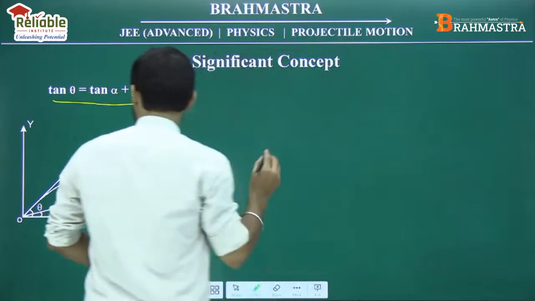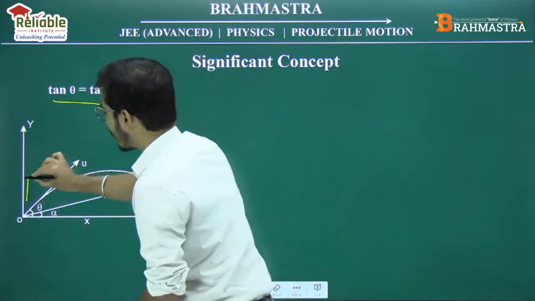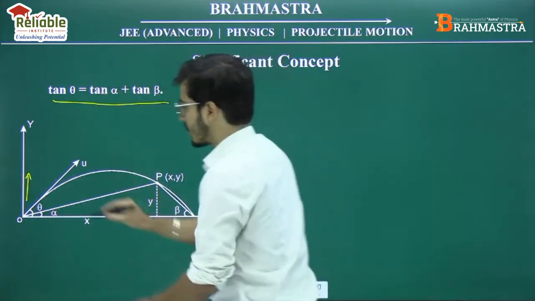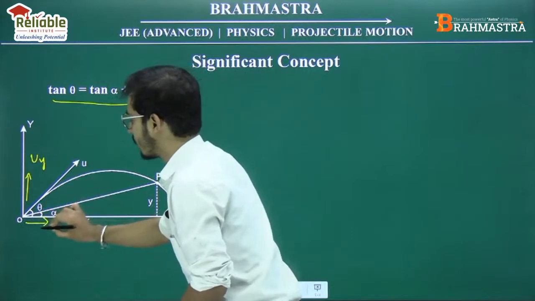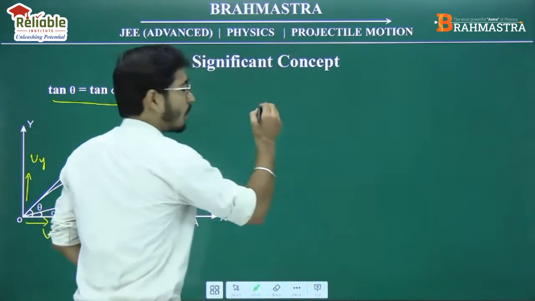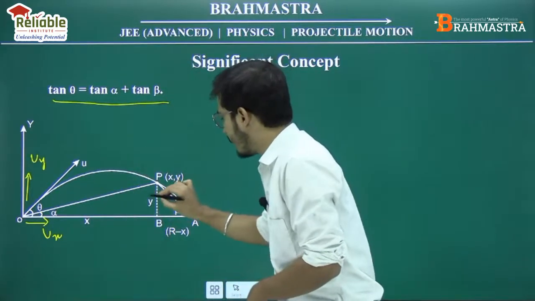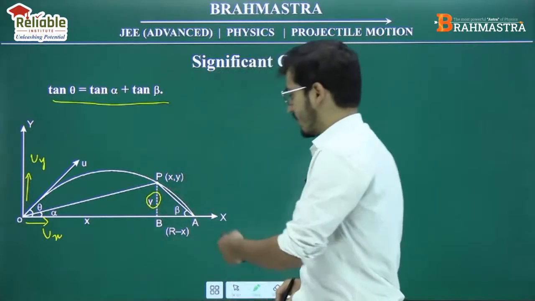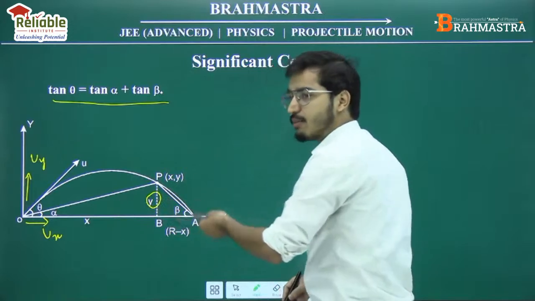Now please understand, if we look at the projectile in the y direction, we have an initial velocity uy, and there is a horizontal velocity we can write as ux, correct? Now I am interested to see, if the displacement in the y direction is y, what equation do we get in terms of time?